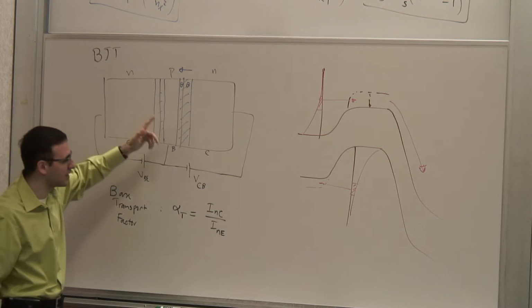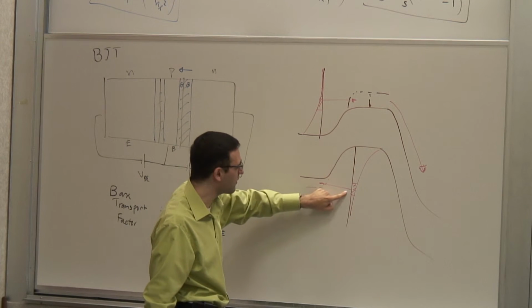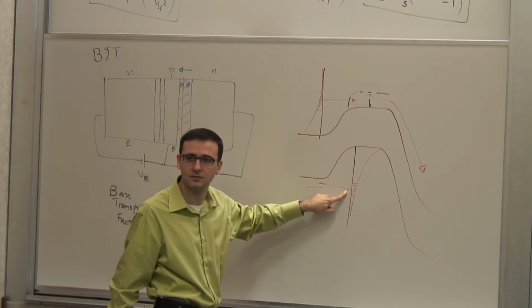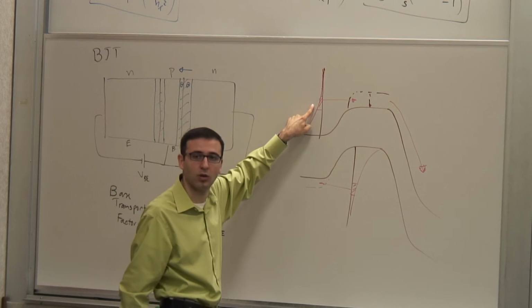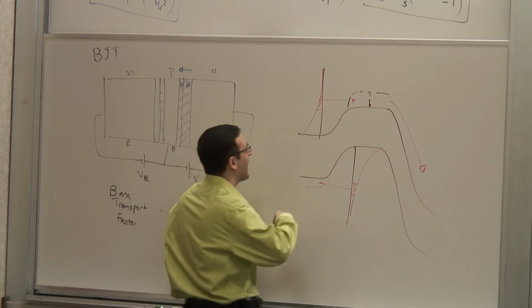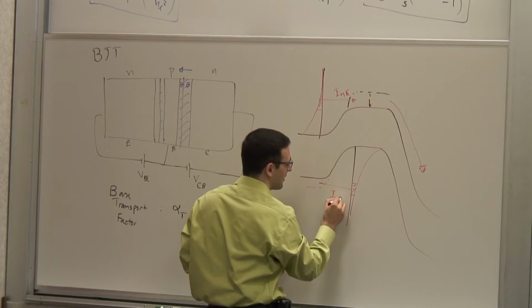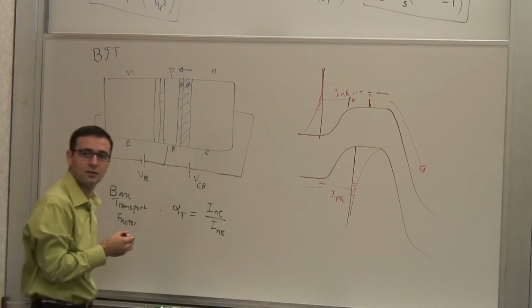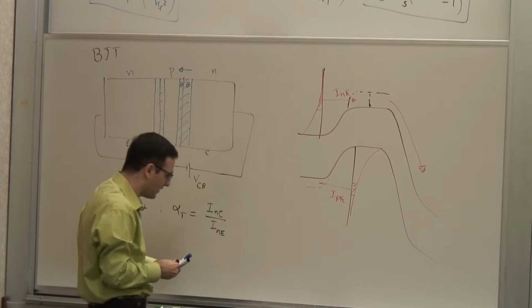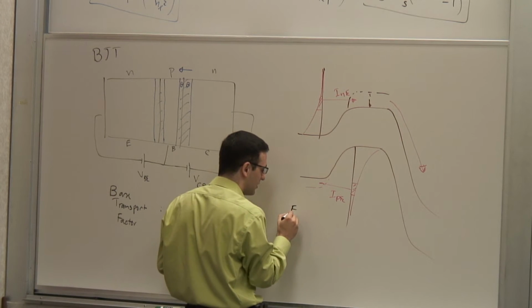And this is part of your emitter current. So this part of your emitter current is wasted. So you want to minimize this component compared to that part. So what we have, this is INE, and this is IPE, right? And then there's an efficiency associated with this injection process, which is called emitter injection efficiency.